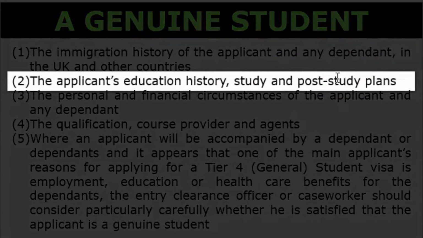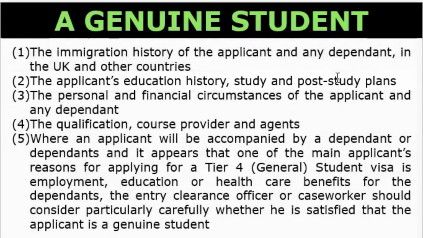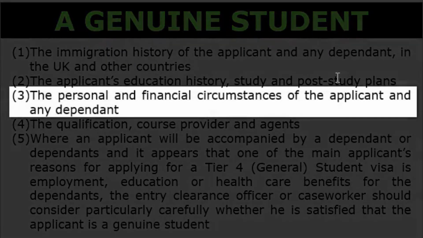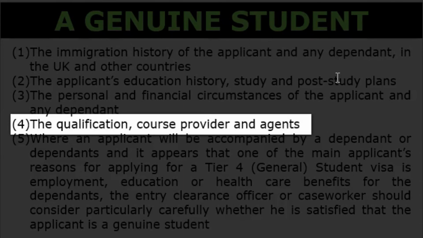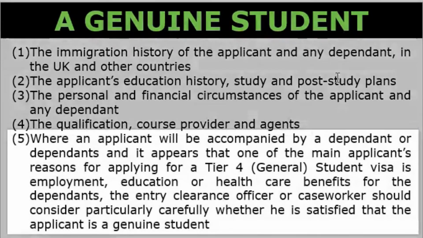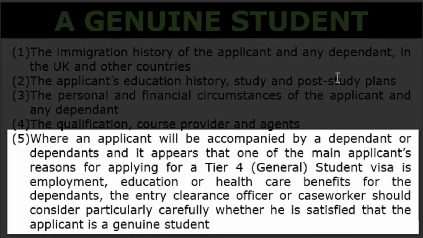The applicant's education history, study and post-study plans, the personal and financial circumstances of the applicants and any dependents, the qualification, course provider and agents, where an applicant will be accompanied by a dependent or dependents, and it appears that one of the main applicants' reasons for applying for a tier 4 general student visa is employment, education or health care benefits.